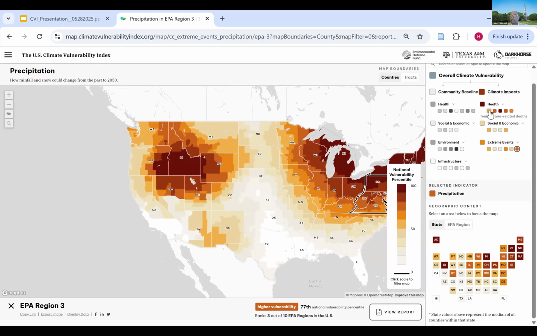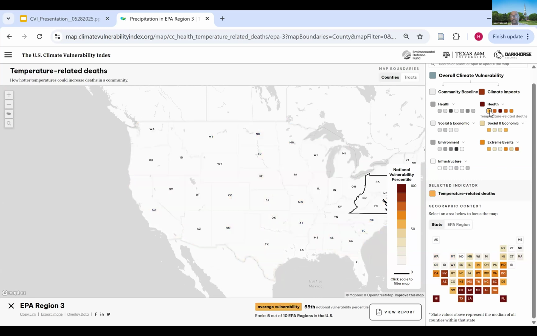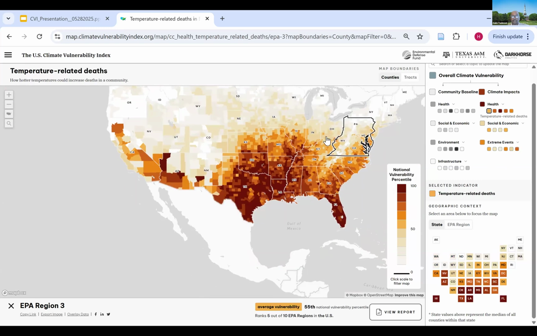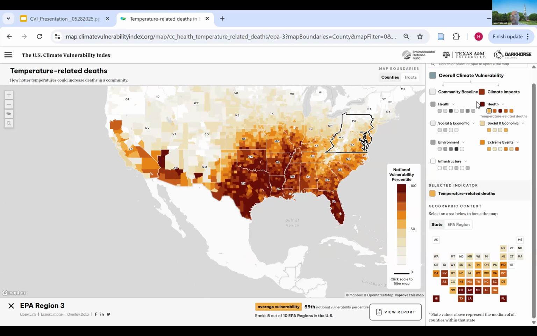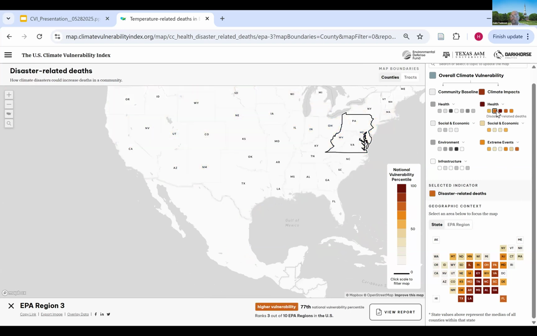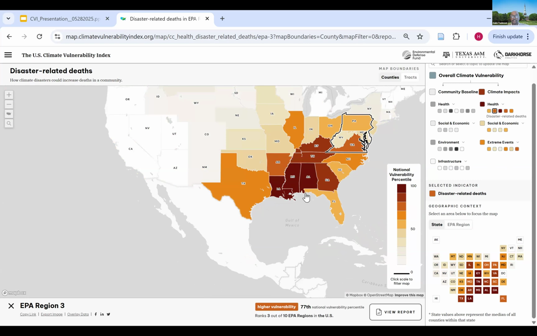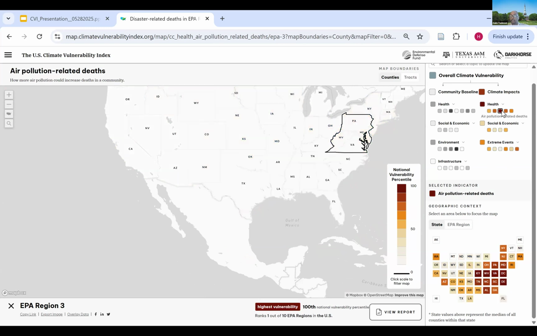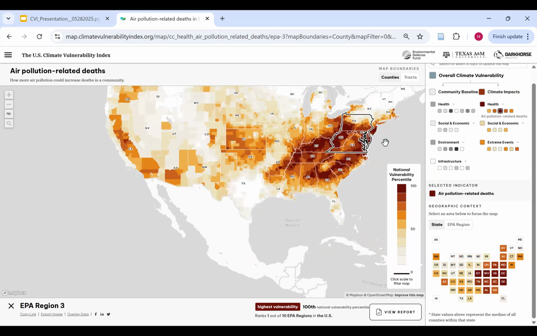And when we see temperature related diseases, high in the south part, this is disaster related. Wow, Alabama, Mississippi 97 percentile, Louisiana 93rd. Air pollution, yeah, for those particular areas.